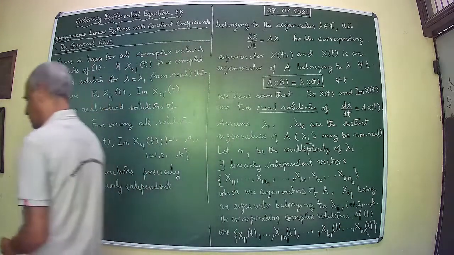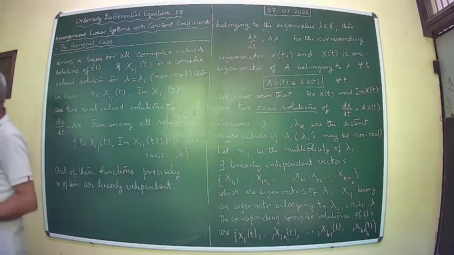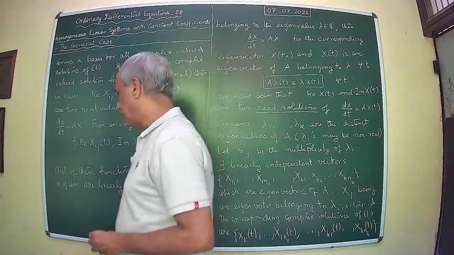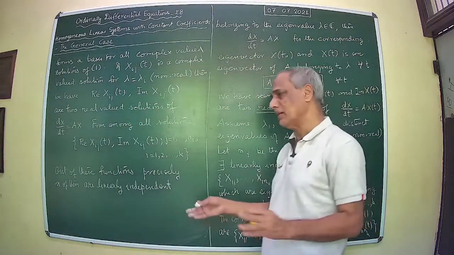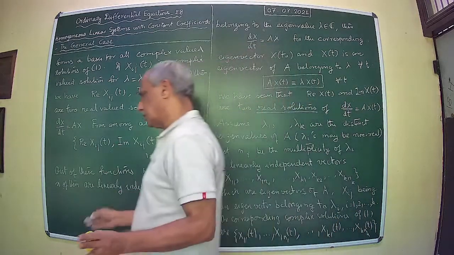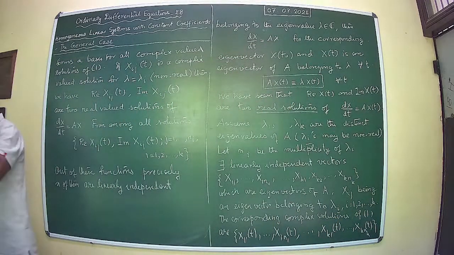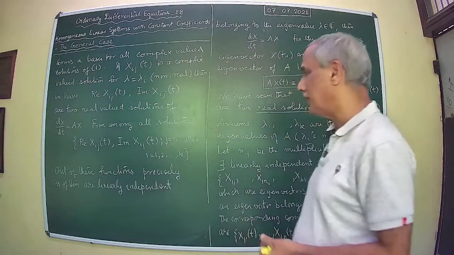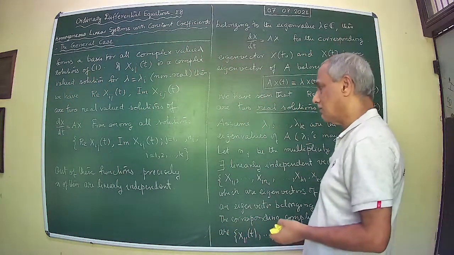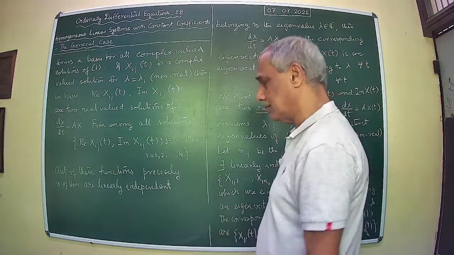Suppose it doesn't give a basis for Rn, then what happens? Assume that n minus 1 of these vectors can span the entire Rn. That is what can happen. Suppose n minus 1 vectors of this type can span Rn.